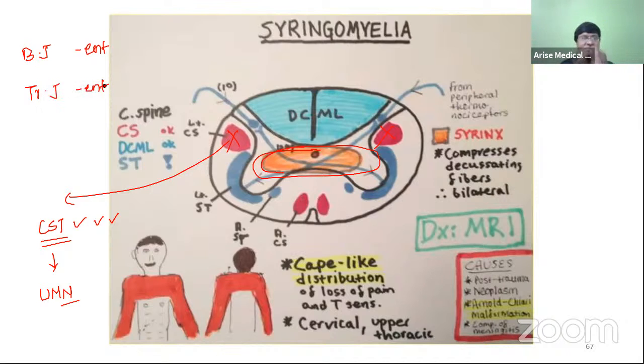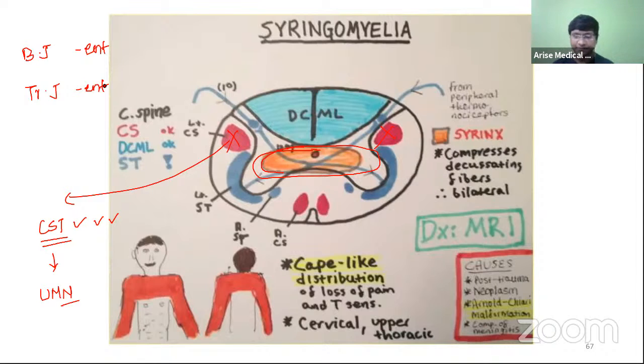You are saying that the cyst is expanding laterally and it will compress the corticospinal tract, and if the corticospinal tract is damaged, there should be upper motor neuron signs. Upper motor neuron signs mean the biceps jerk should be exaggerated, triceps jerk should be exaggerated. But in our clinical scenario, in our patient, biceps jerk and triceps jerk are absent. How will you explain this?